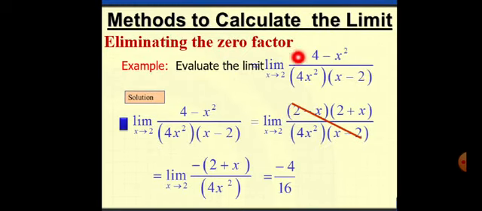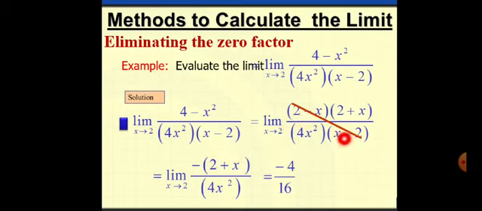Another example. To find this limit, if you substitute x equals 2, you will get 0 over 0, so we have to factorize. Here we can factorize 4 minus x squared to be 2 minus x times 2 plus x. Here we have 4x squared times x minus 2. Now you can delete these two brackets, and we have 4x squared down, and above we have negative 2 plus x, because here we have 2 minus x and x minus 2.